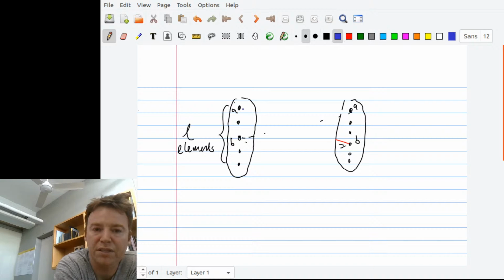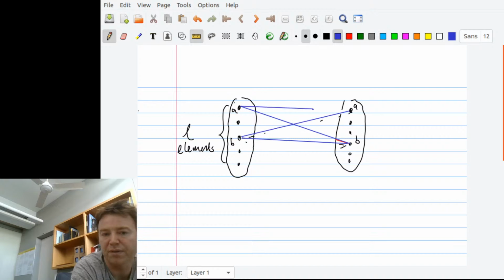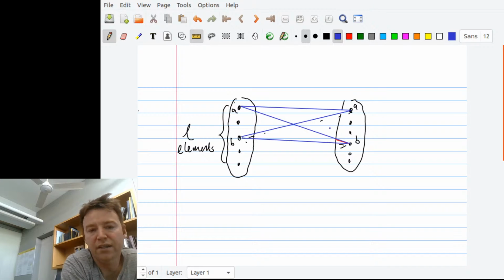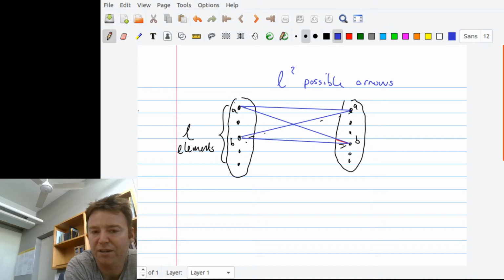There's potentially an arrow going from A to B, from B to B, from B to A, and from A to A. Actually, it only applies to ones where they're different. There's L squared possible arrows, but let's think about the ones coming out of A.